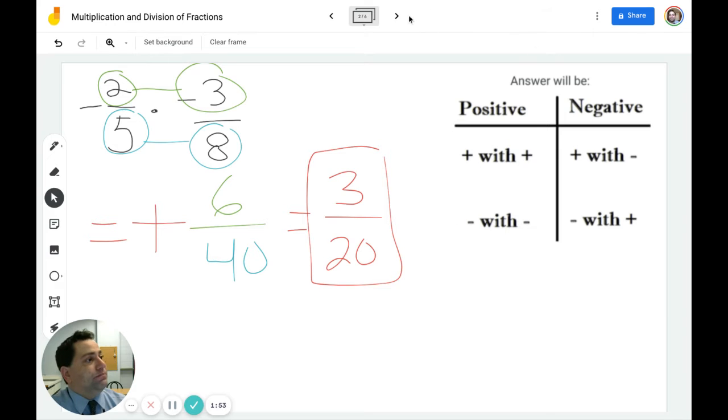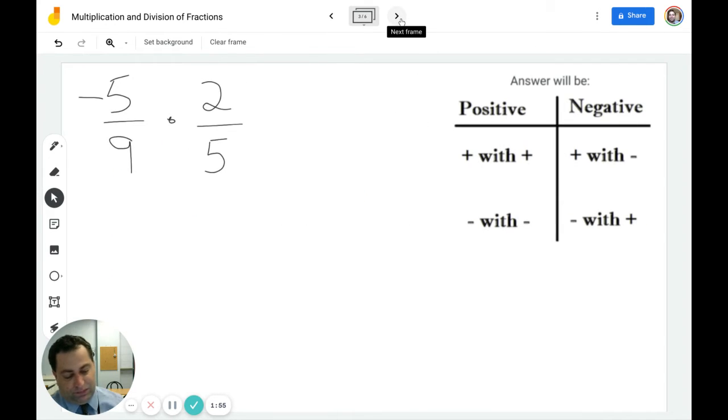Let's try another one. In this multiplication problem, we have negative 5/9 times 2/5. Well, I know I have a negative times a positive, so I know that my answer is going to be negative. Again, I'm going to multiply across.